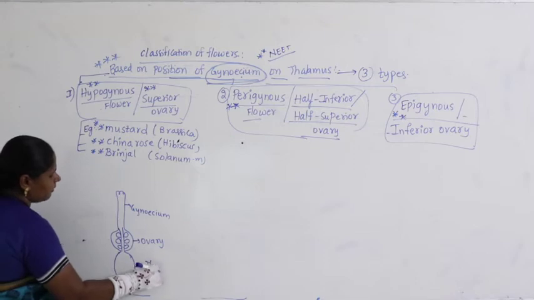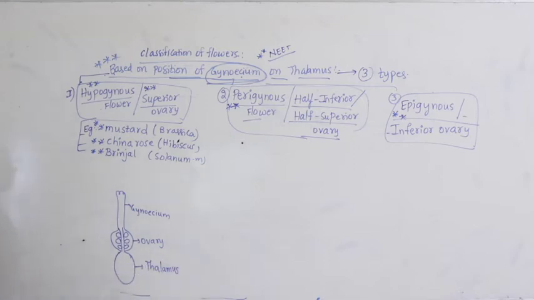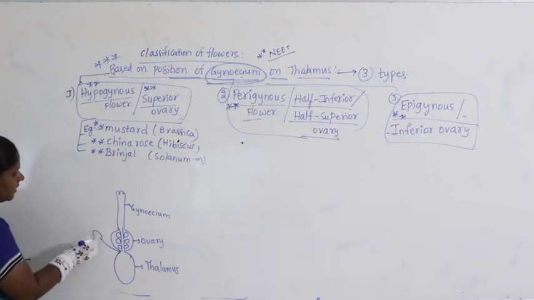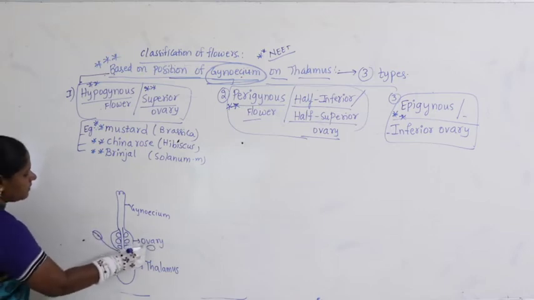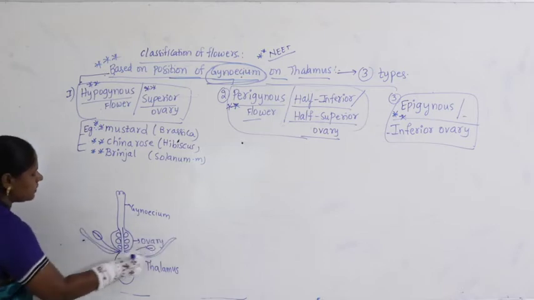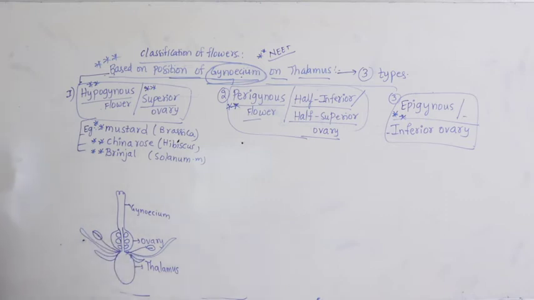At the tip of the thalamus. At the base of the ovary you find the androecium, that is the stamen, then the corolla, then the calyx, right.